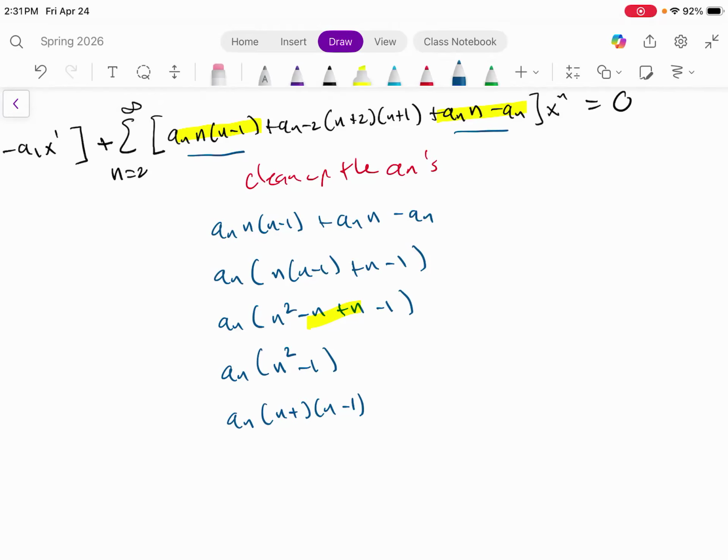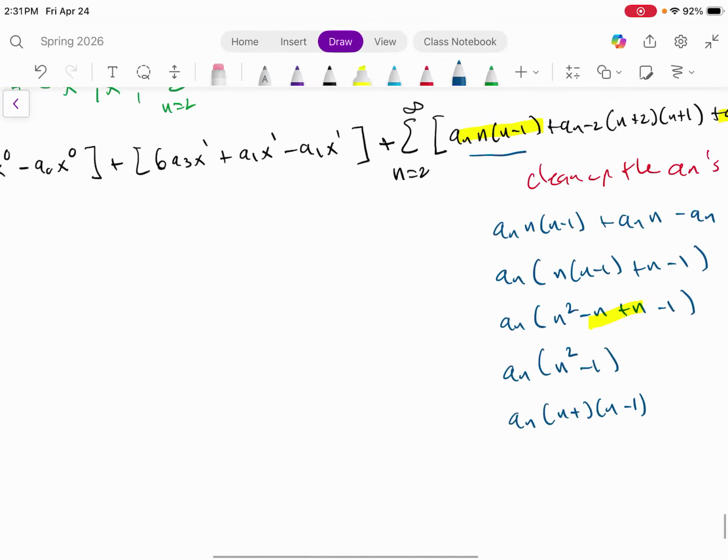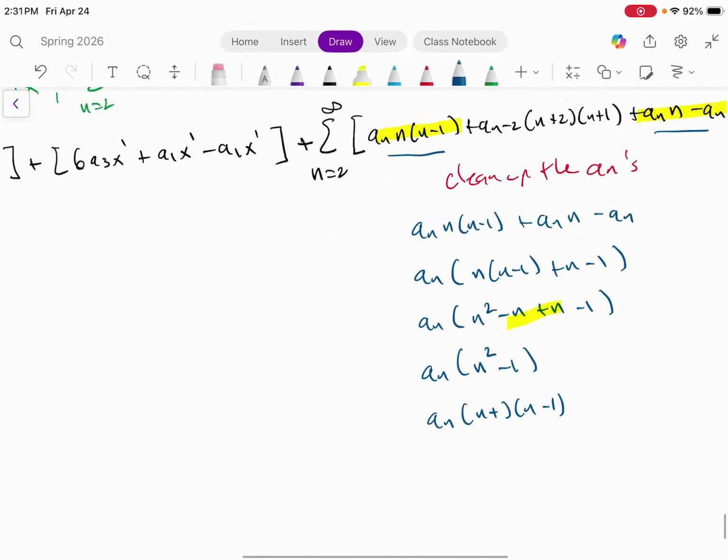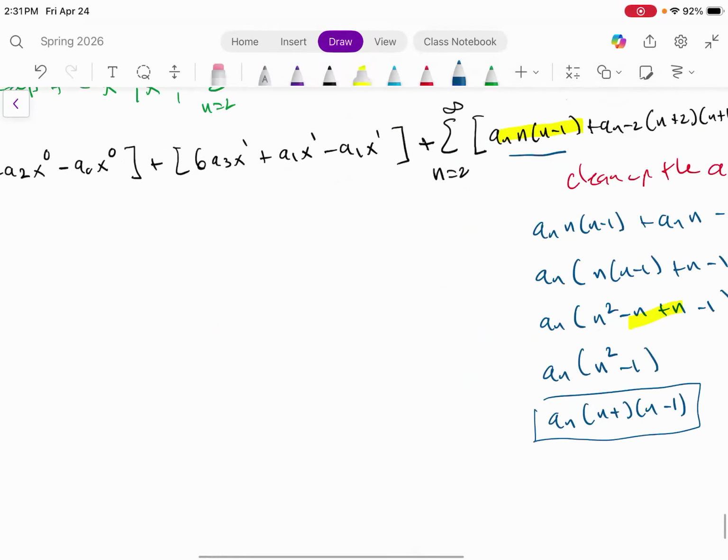Okay, so I wanted to clean up those two because that was bugging me a bit, and I want our recurrence relation to be pretty clean. So let's keep moving along. We're almost there. Now it's almost time to set up our recurrence relation, right? So this is my new term I could use inside that power series.